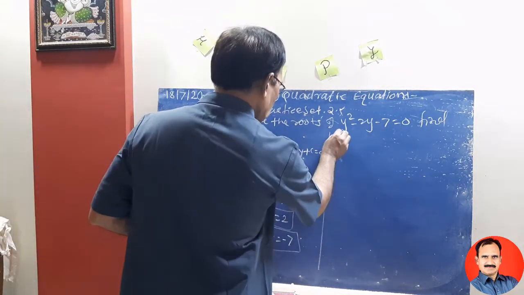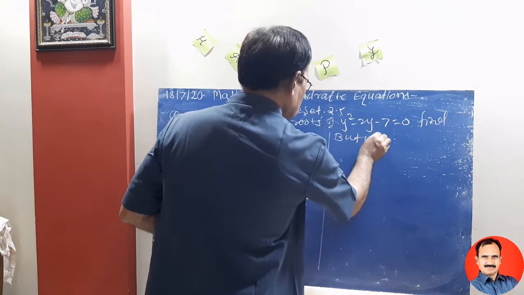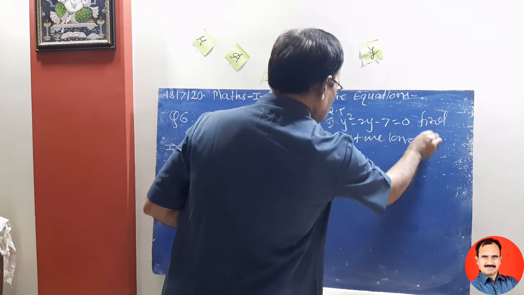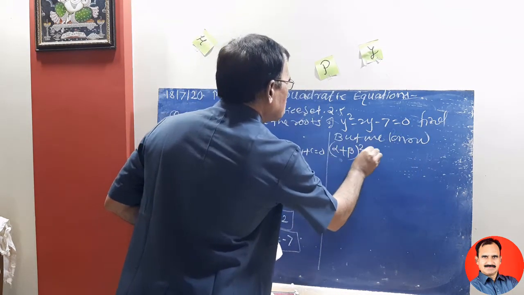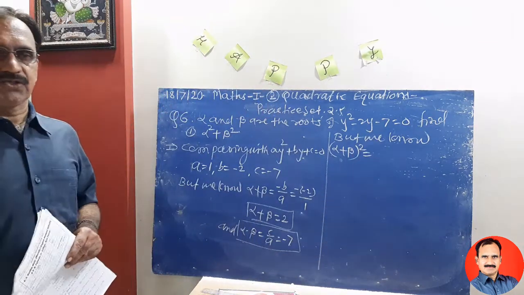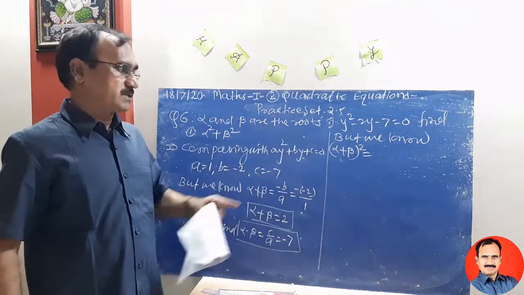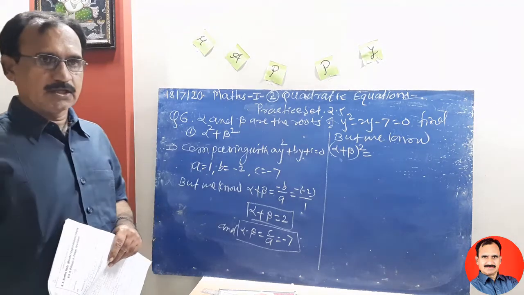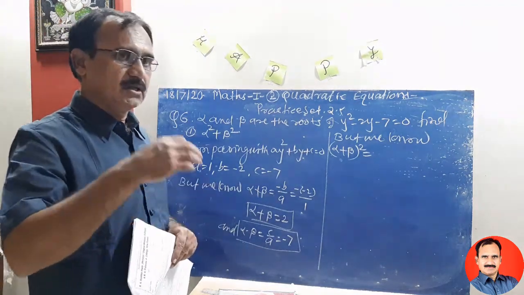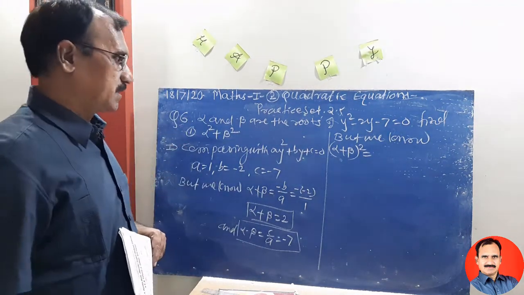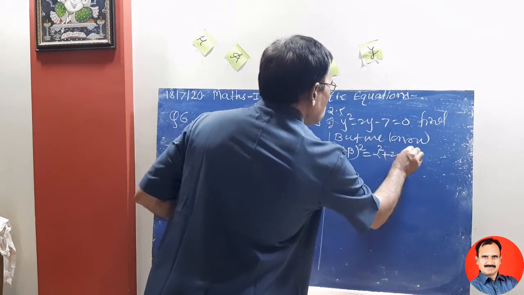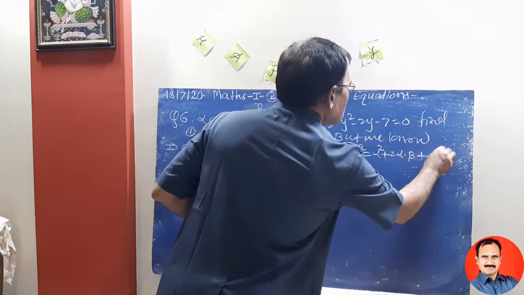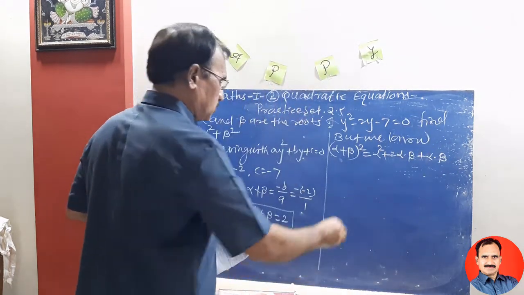But we know the expansion formula. Which one? Alpha plus beta bracket square, just like a plus b bracket square, just like x plus y bracket square. This expansion formula we have seen in 8th standard and 6th standard also. Alpha square plus 2 alpha into beta plus beta square. Put the values.